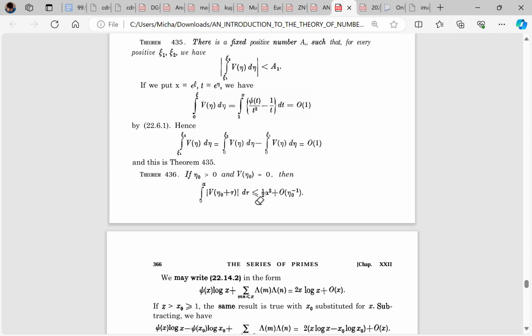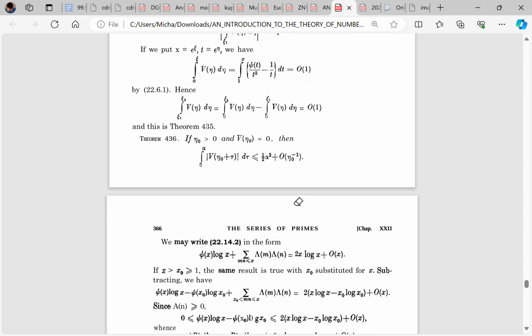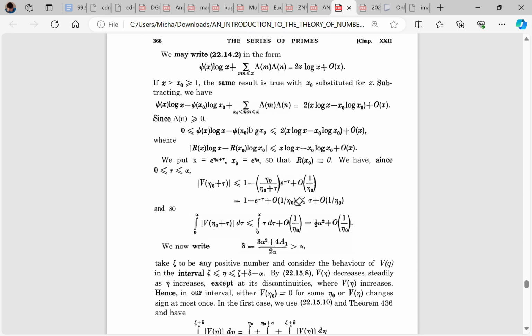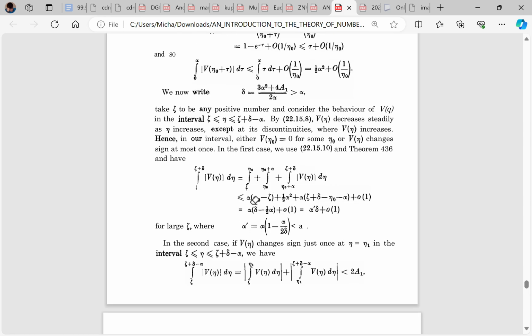Okay, so yeah, so if we have something that goes 0, we have this thing is bounded by half alpha squared plus big O of 1 on eta naught. So if we break it up from zeta to eta naught to eta naught plus alpha, so notice that's sort of from 0 to alpha. The length of the interval is alpha.